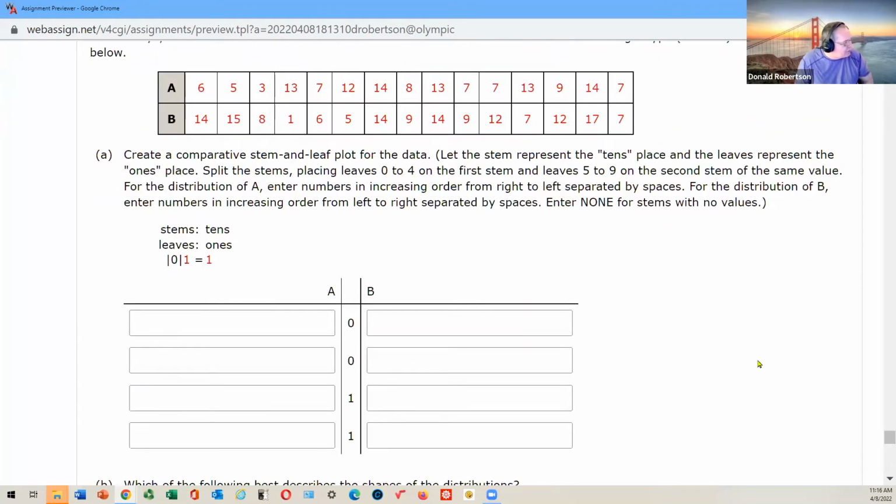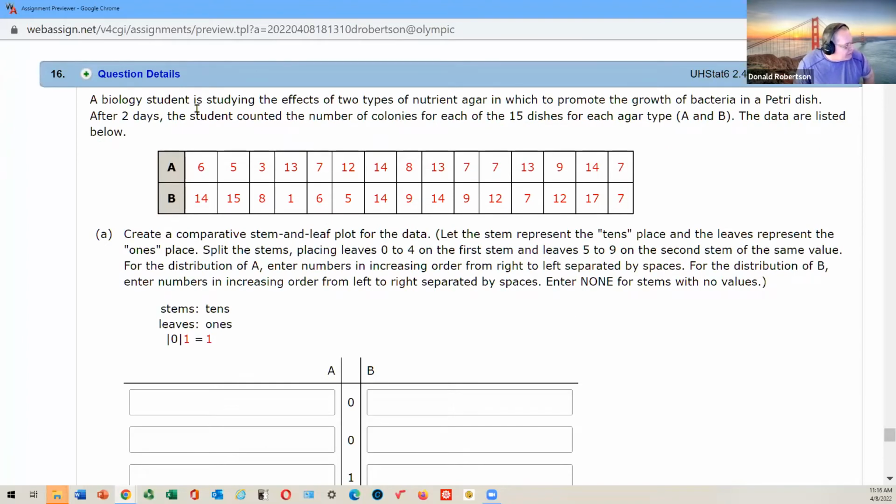There it is. Okay. So in question 16, a biology student is studying the effects of two types of nutrient agar, that's the stuff they grow bacteria in, to promote the growth of it. And they're doing it in a Petri dish. After 2 days, the student counted the number of colonies in each of them.